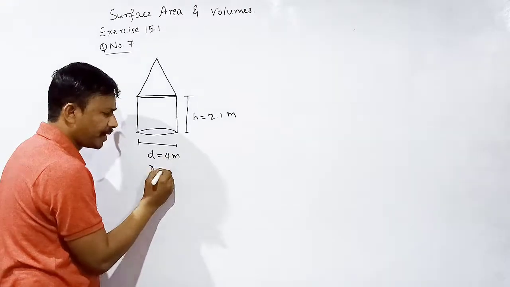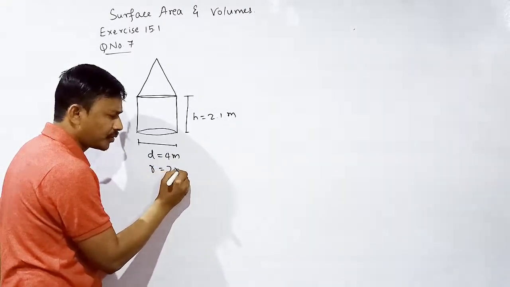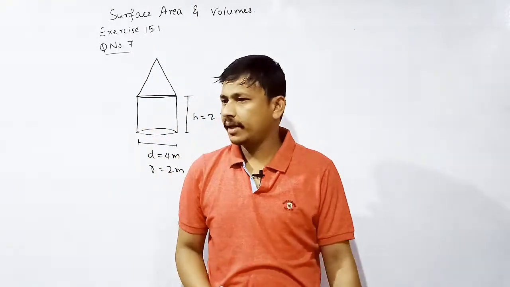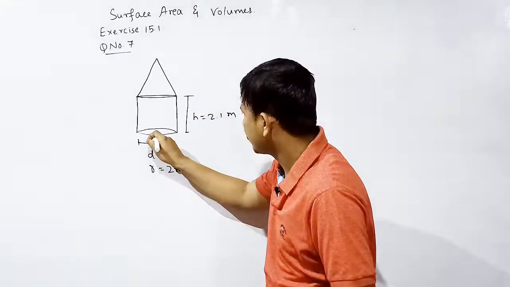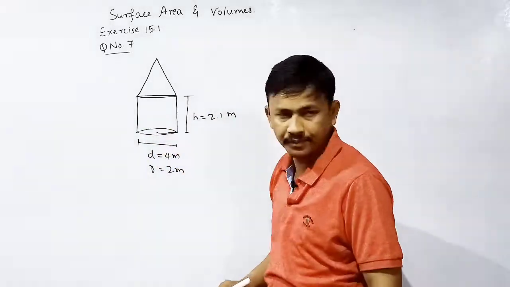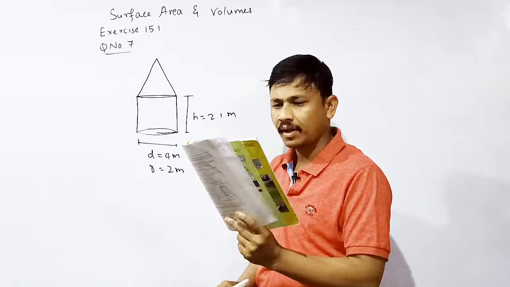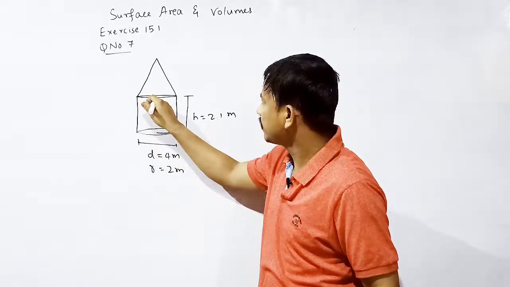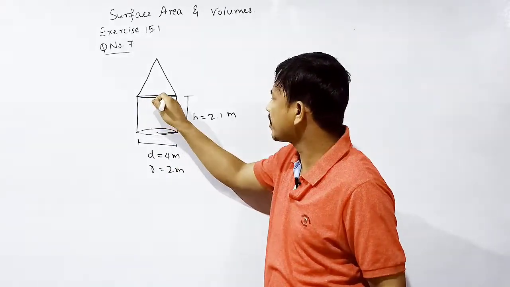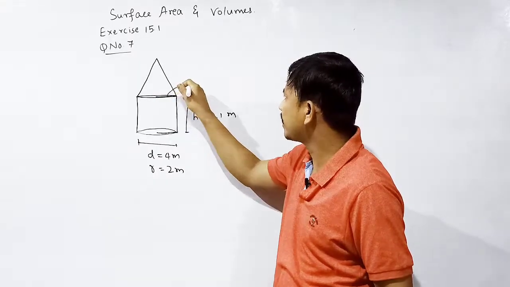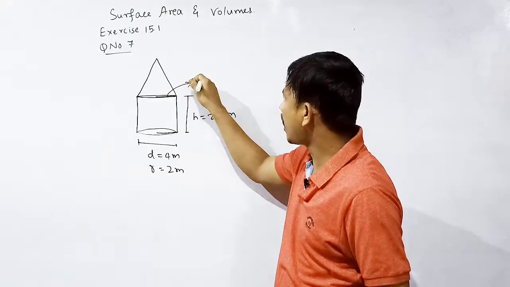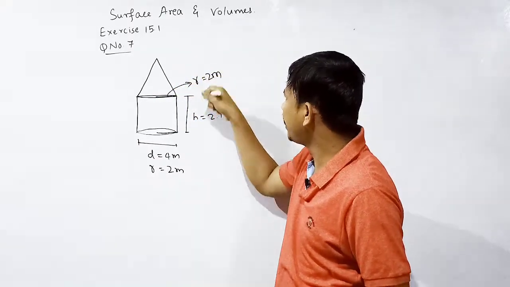If the diameter is 4 meter, then the radius is equal to 2 meter. Then the radius of the cone is also the same as the radius of the cylinder. Therefore, the radius of the cone R is equal to 2 meter only.